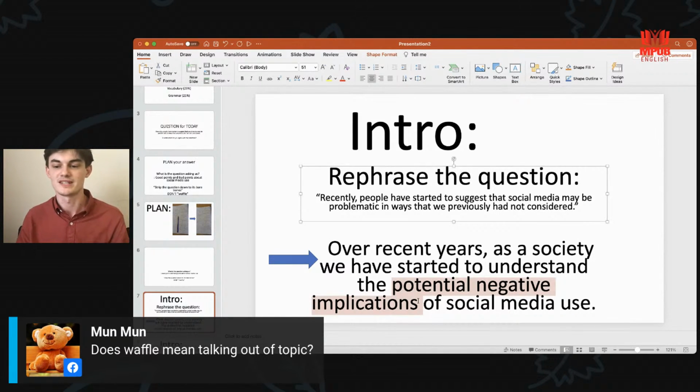If you use the phrase potential negative implications, I think your examiner would be giving a little tick in the vocabulary section, and he would be thinking, okay, this person knows their vocabulary, they've understood the question, and they've rephrased it back in a way that's actually probably higher level than the question.